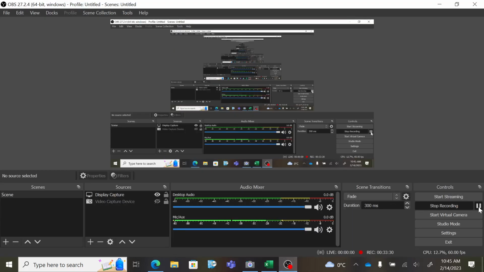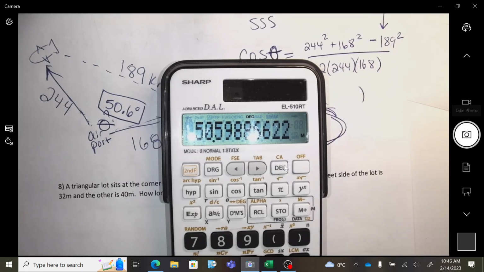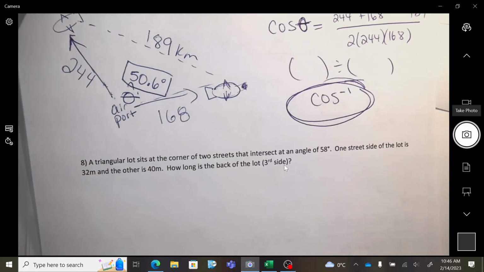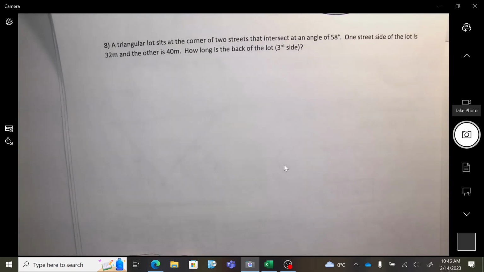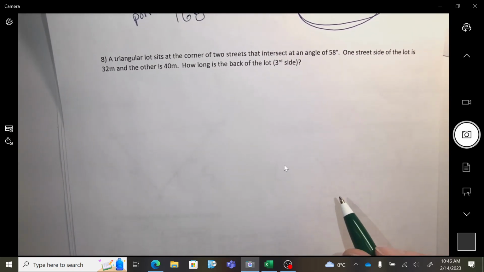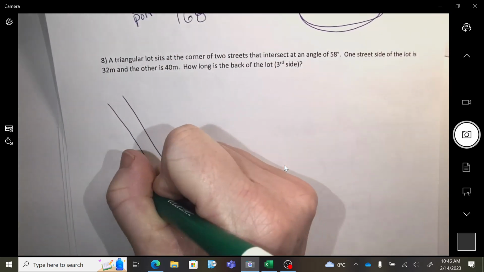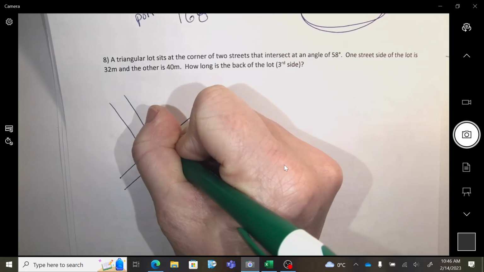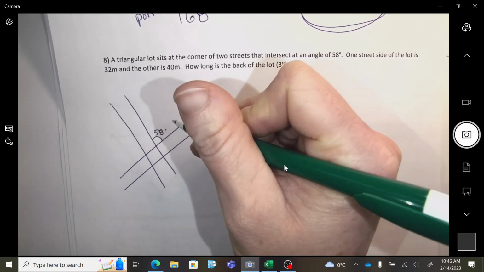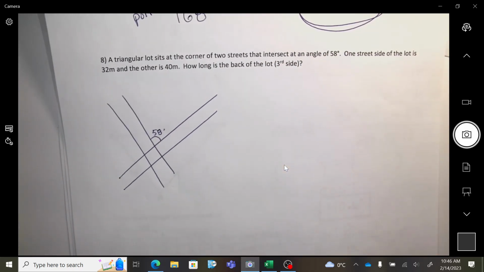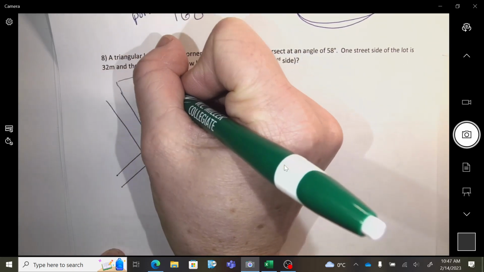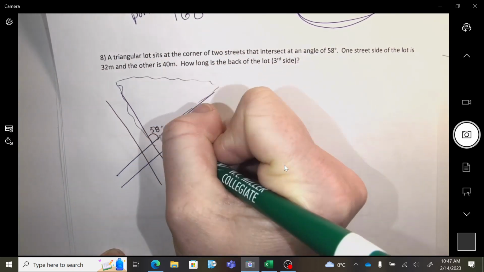Okay, last question. A triangle lot, so like where you want to build a house, sits on the corner of 2 streets. So I have 2 streets and then they intersect at a 58-degree angle. And then this is the lot for my house.